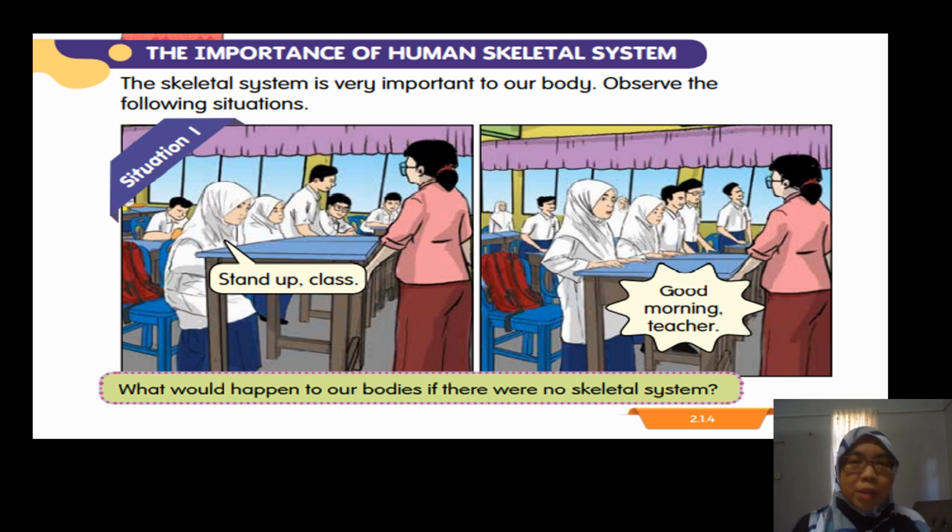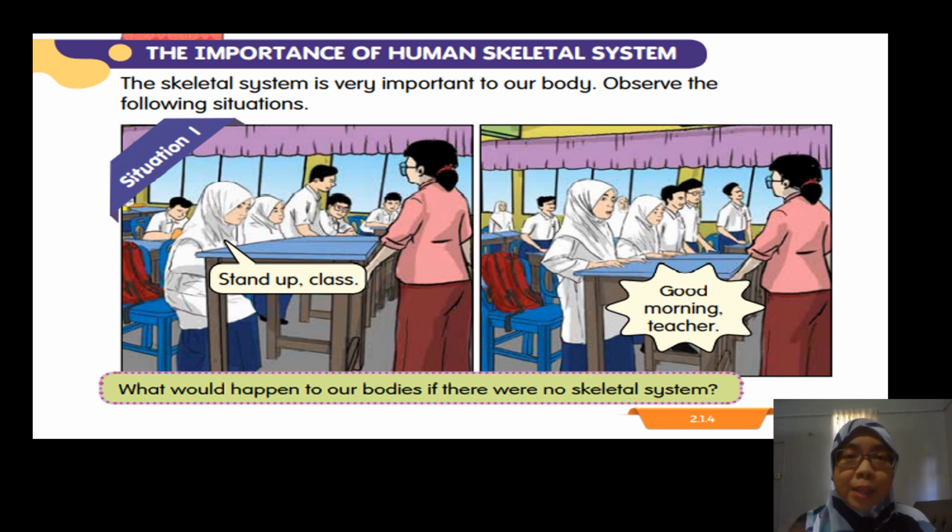We jump up next to page 25. The importance of the human skeletal system. They are very important to our body. And what would happen if you don't have the skeletal system? Look at situation 1. What would happen to our bodies if there were no skeletal system?